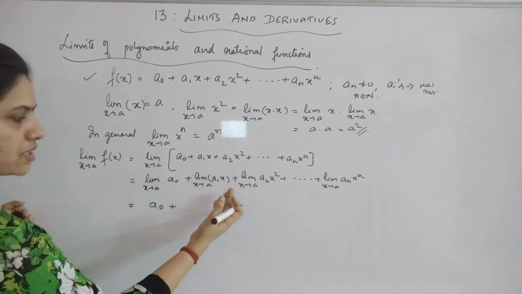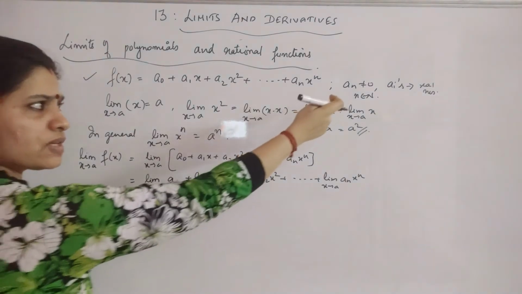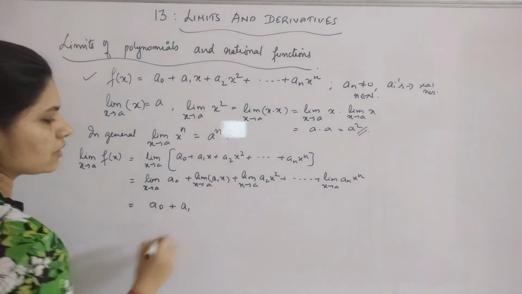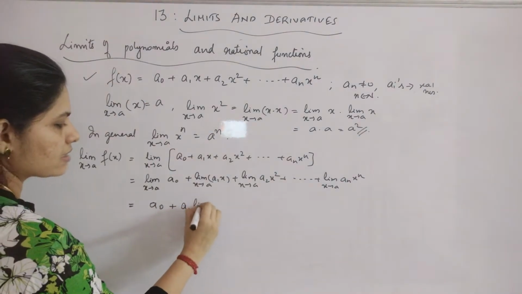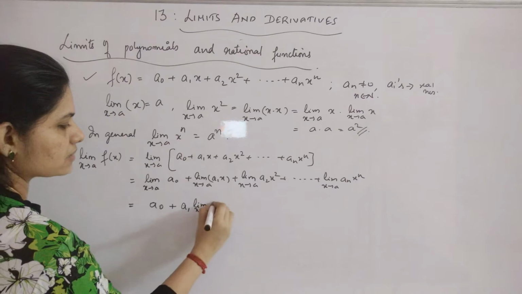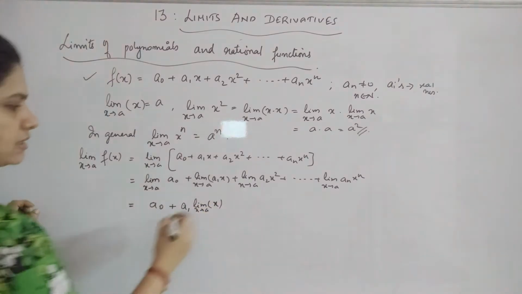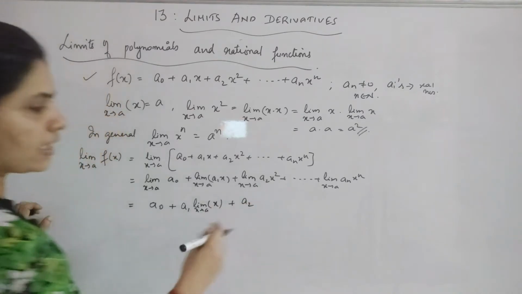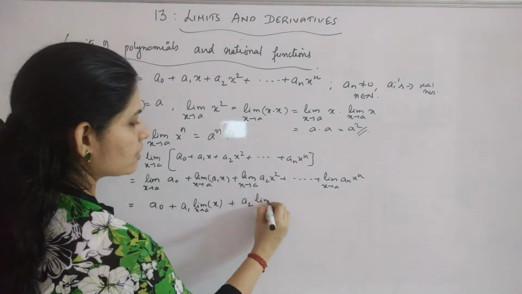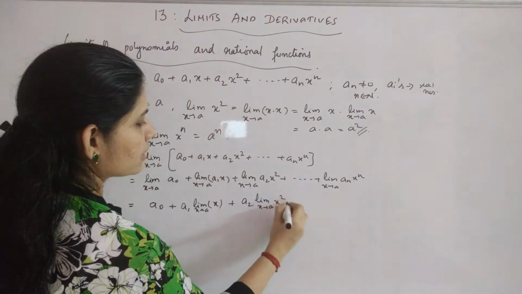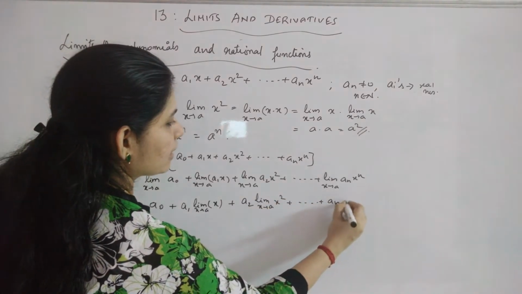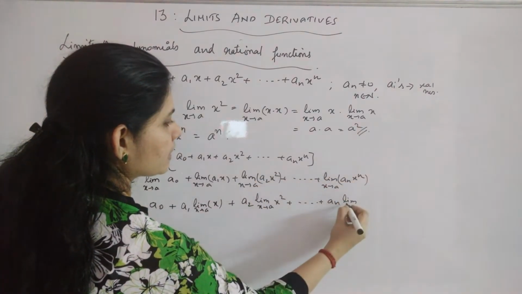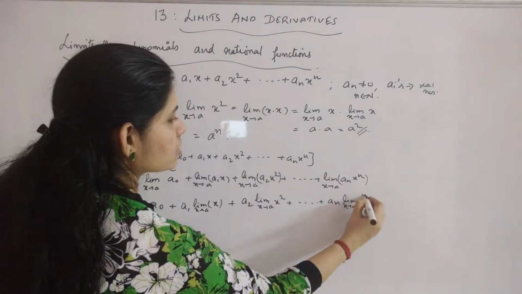So a1 is also a constant here, because we have said that ai's are real numbers, they are constant values. So you are just taking out a1 and giving the limit to the x term. Okay, now this becomes like this, a1 into, next one you will have here a2 you can take out and you will give limit to the term x square plus etc plus an can be taken out, limit x tends to a, x raised to n.